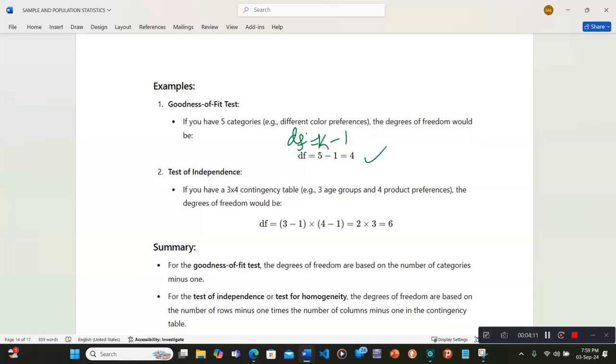If you have a 3 by 4 contingency table, you have 3 age groups and 4 product preferences, you'll find that the degrees of freedom will be 3 minus 1. Of course, those are the number of rows. Then columns are 4. So you'll find that the degrees of freedom are 6.